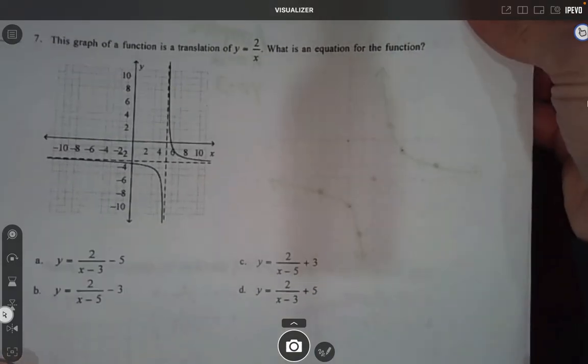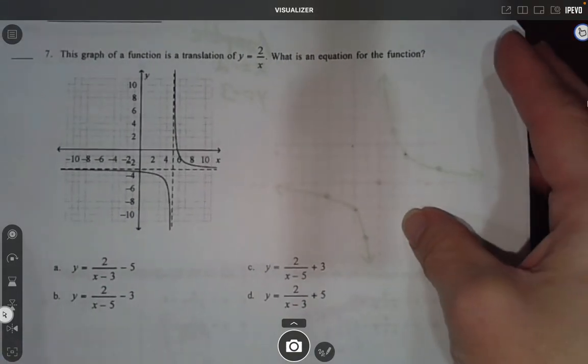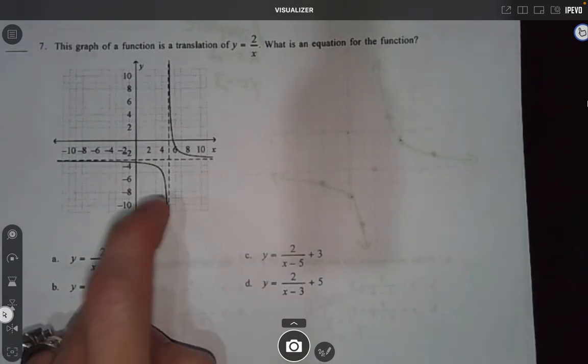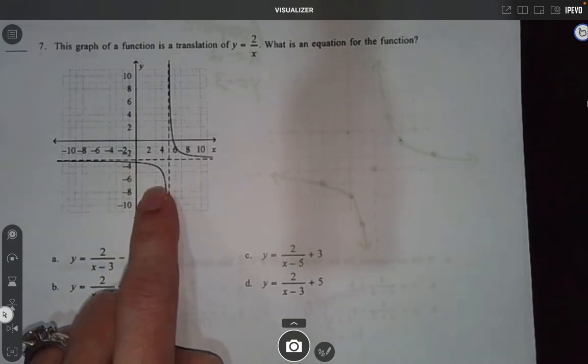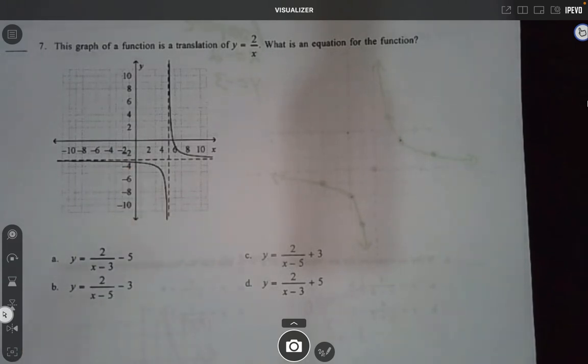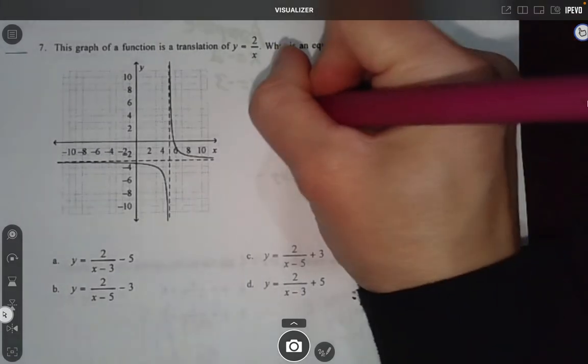Number 7. Okay, which one of those? Look at that and see where you move. There are some like this on the college algebra stuff that I've been seeing. So you went to the right 5 and down 3. I'm going to write that down so you can write your equation.